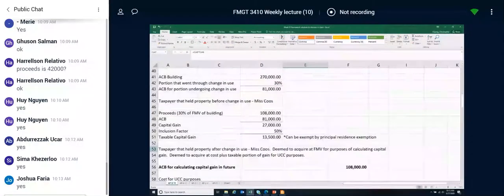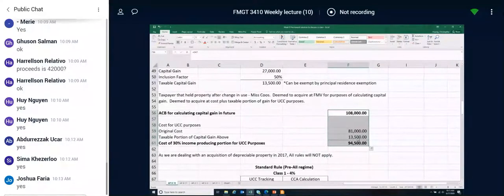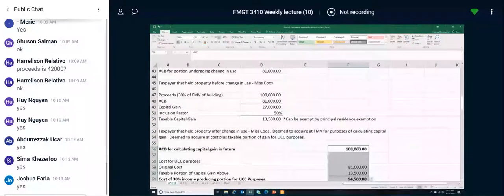After every change in use, you really should make sure you calculate what is your new ACB for that new portion. Okay, and arguably you can even argue, really, I should have shown the ACB for the non-income producing portion, the portion that didn't change in use. Okay, you could even say that should be done.